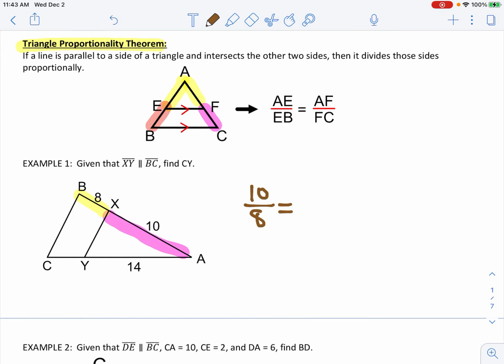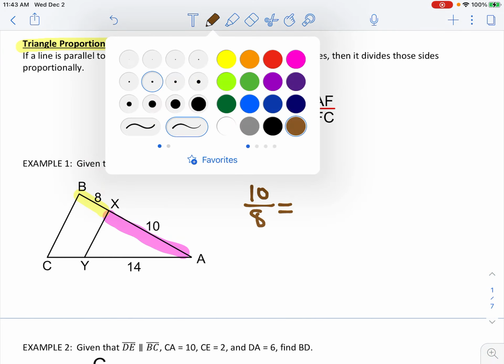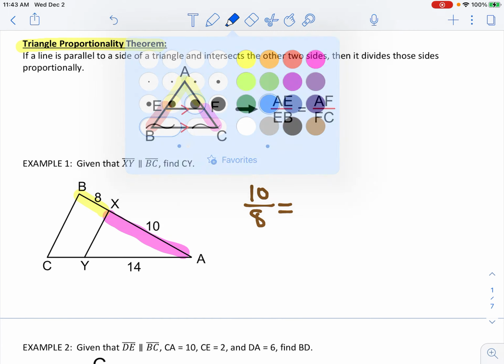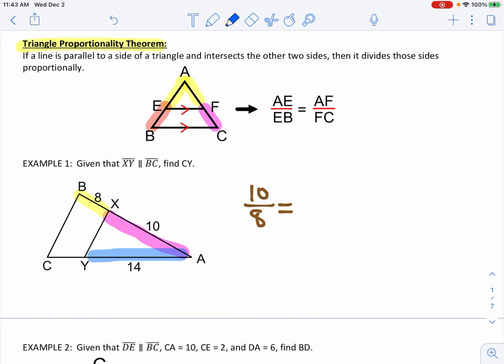Now, if I stay with that same pattern on the other side, I want to stay the same piece first, so 14 first, over my next part of my picture would be CY. Well, we don't know what CY is, so I'm going to put the letter X there to solve for it. Now we can go ahead and cross multiply and solve this.